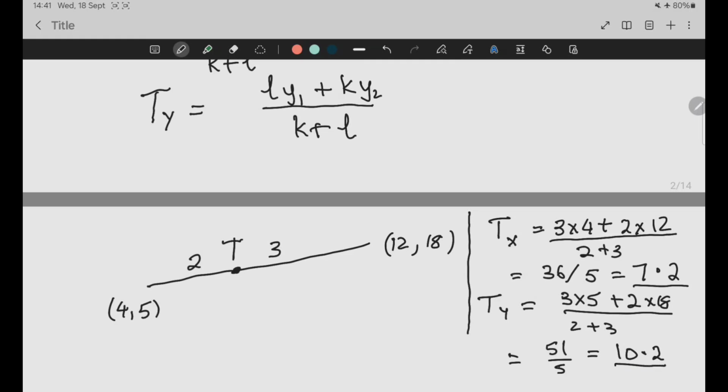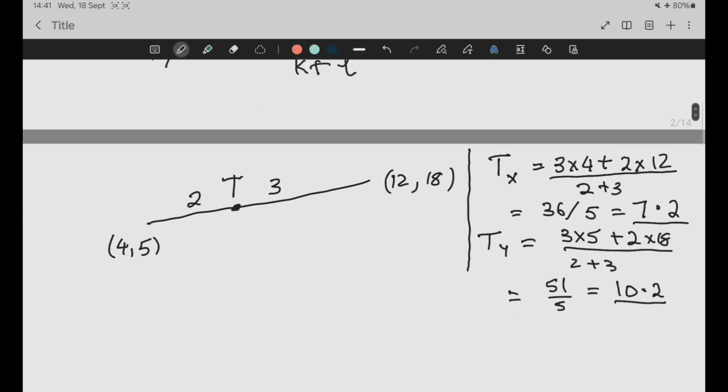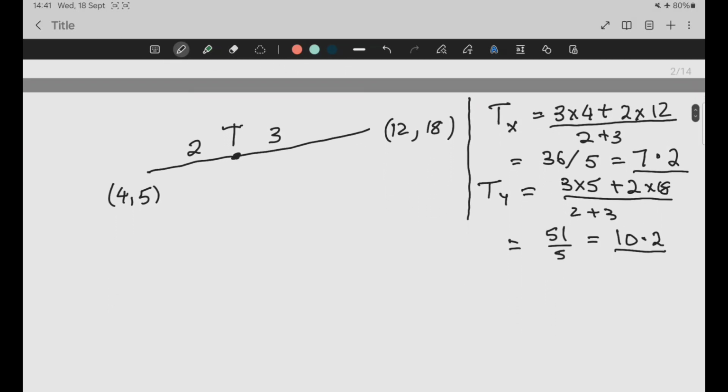Before I just finish that one, we want to just take the special case where k is equal to l.